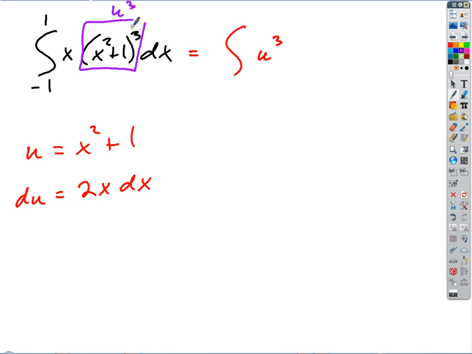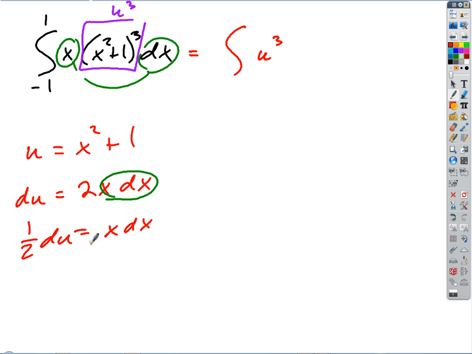That's our u cubed, but we've still got this x dx. So what's that equal to? 1/2 du. So our x dx is 1/2 du.